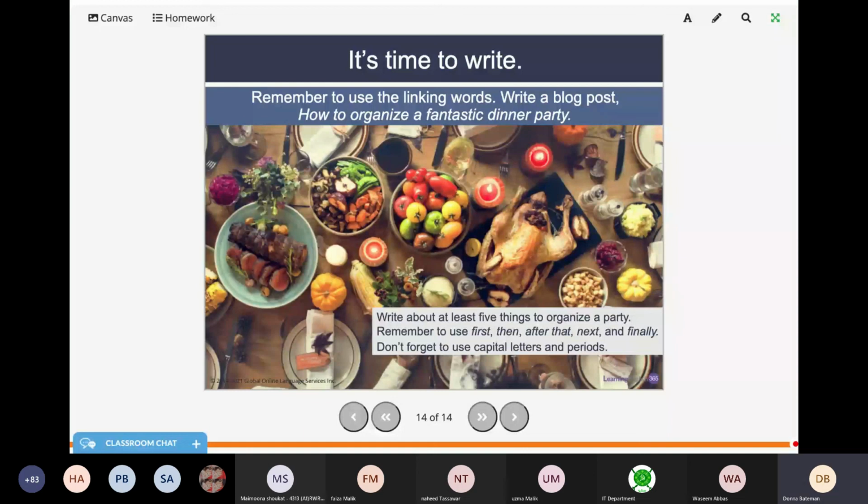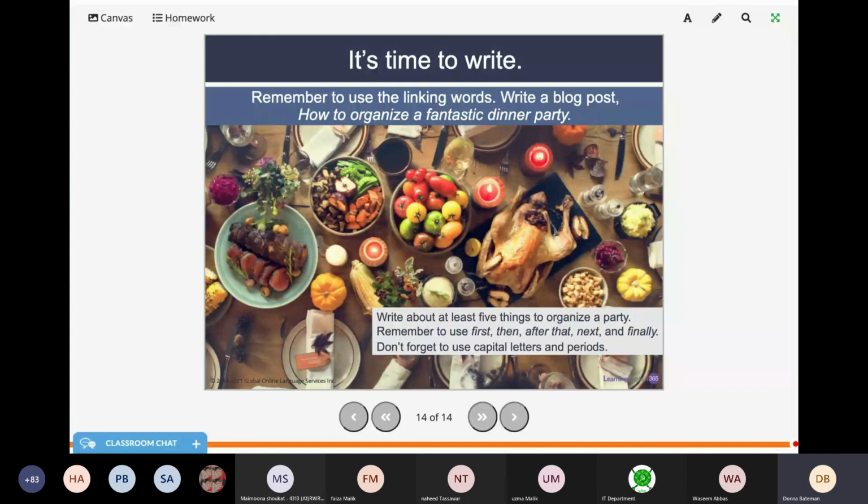Always plan your writing. Never just try and write it from the outset. Always plan it first and then use your notes to help you write the full text, the full draft. So that's your first thing.